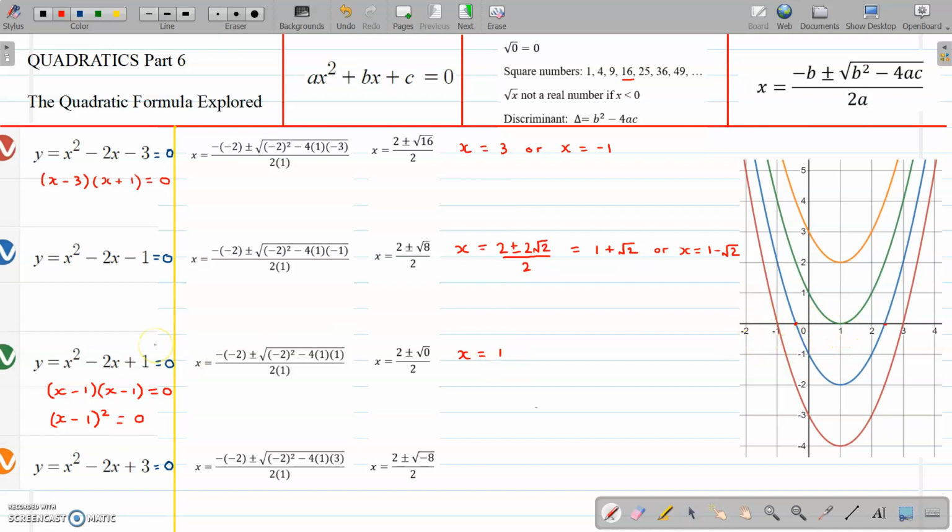So if you have a perfect square, then it means that the quadratic is sitting on the x-axis or touching the x-axis but not crossing over it.